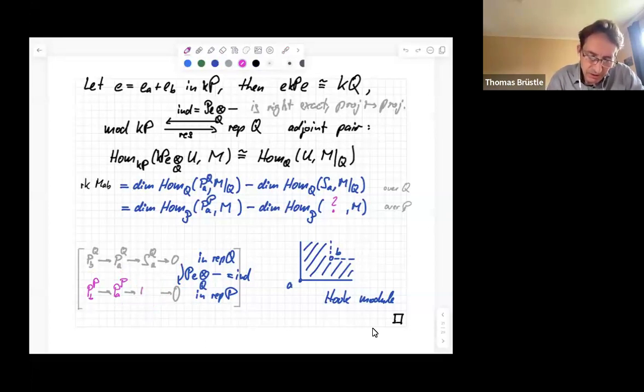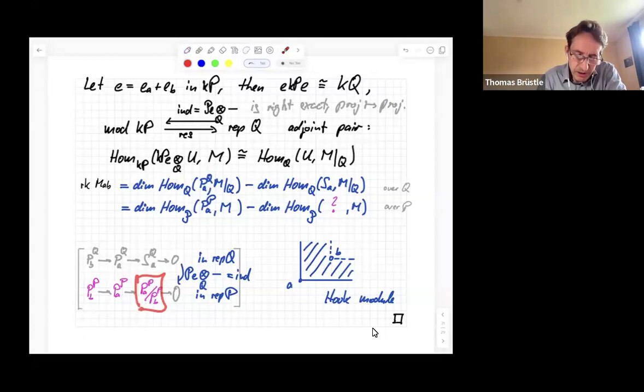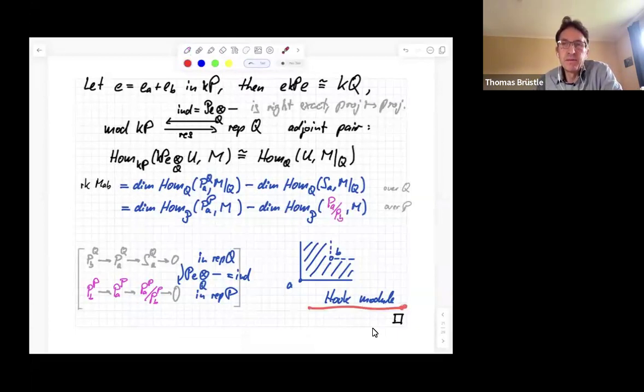So I get PA quotient by PB, everything computed over the poset P. What we obtain here is PA over PB, the hook module, which appeared in the proof of Botnan, Oppermann, Oudot.